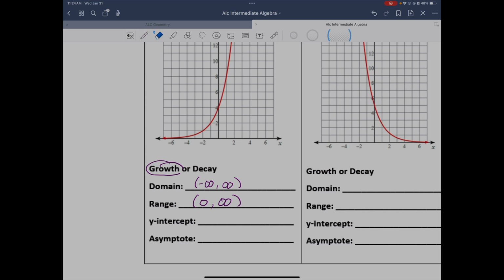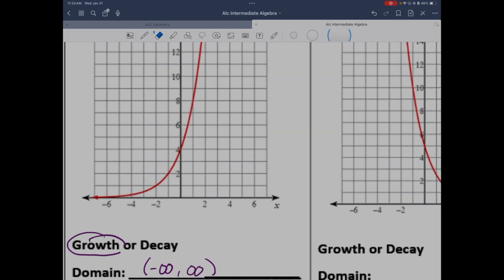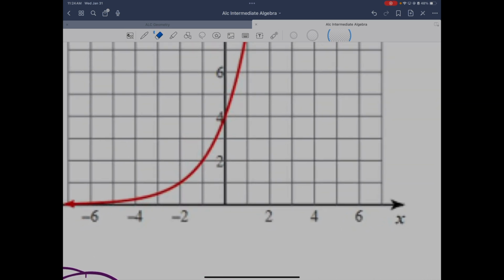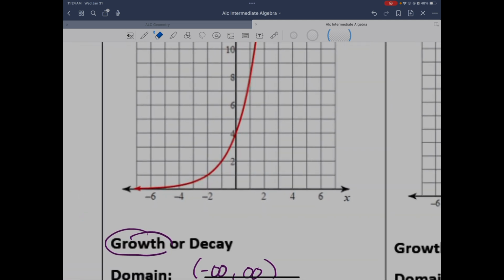Okay. The next thing it asks is the y-intercept, and that's where this A value comes into effect. That A value tells you the y-intercept. Or you can look at the graph. When you look at this graph today, this is my y-intercept.